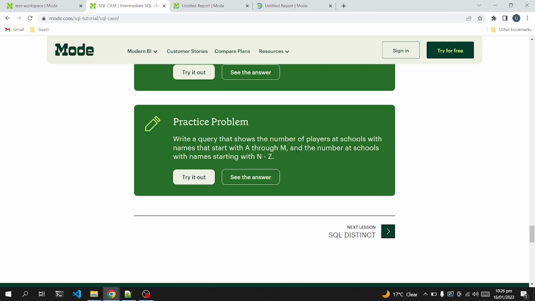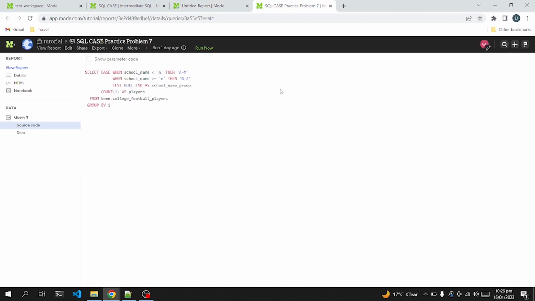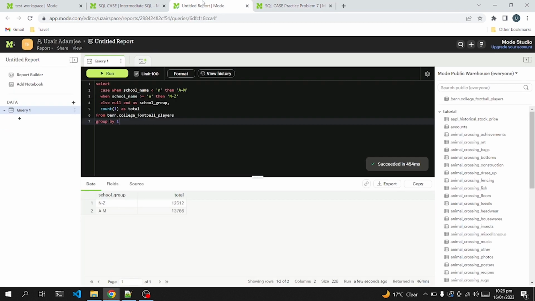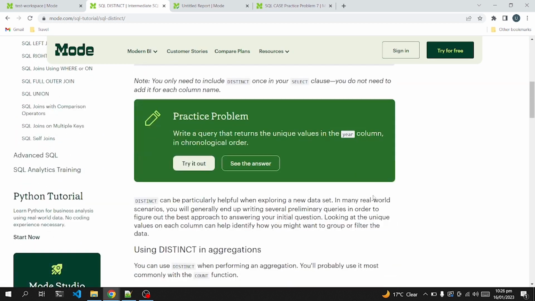We have written a case statement and then mentioned the other statement as well. Yeah, N to Z: 125, 121, 378. We have got the groups and the total count of each of those groups. Did we write the correct statement? Yes, we did. Great. Now let's jump to the last SQL testing lesson in this practice problem.